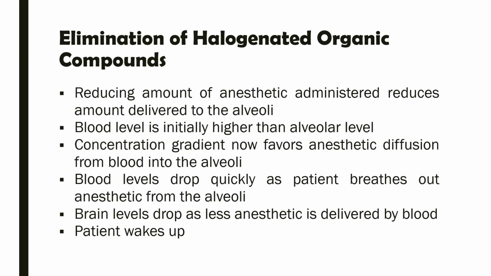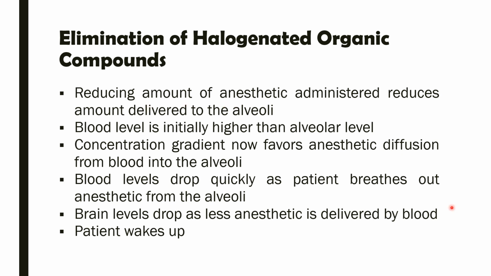Let's now proceed to the elimination of sevoflurane and isoflurane, or halogenated organic compounds. Elimination of these agents takes place via the lungs. If you reduce the amount of the anesthetic being delivered by the anesthetic machine, this will also reduce the amount of the drug that will be delivered in the alveoli.